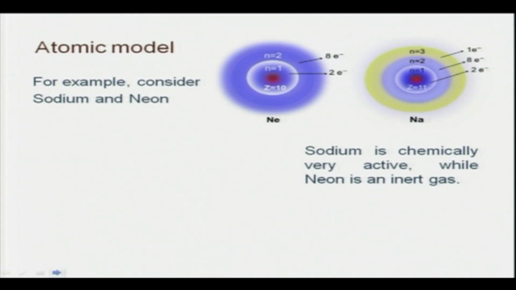Whereas sodium has an incomplete shell, and the electrons in it are loosely held and actively participate in interactions with other elements whenever there is a possibility. So, although neon and sodium differ only by one electron and one proton, they are chemically very different.